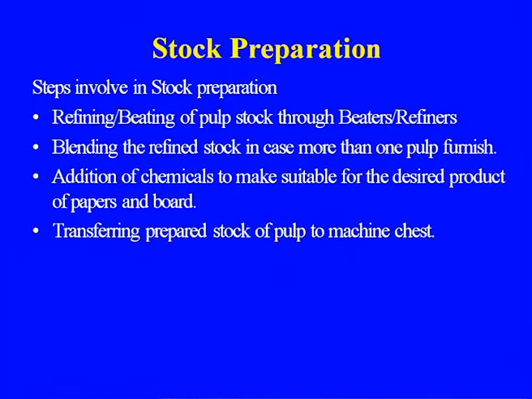Sometimes hardwood, softwood pulp, good quality pulp, high strength pulp is there. So blending is done in case of more than one pulp furnish, with the addition of chemicals to make it suitable for the desired product of paper and board, then transferring the prepared stock of the pulp to the machine chest, and after the machine chest it will go to the machine and then the paper making process will start.